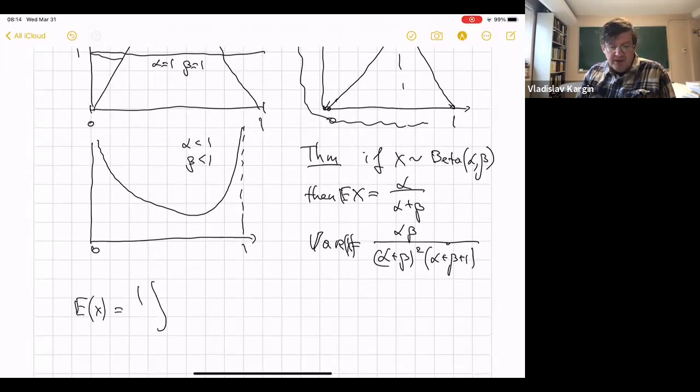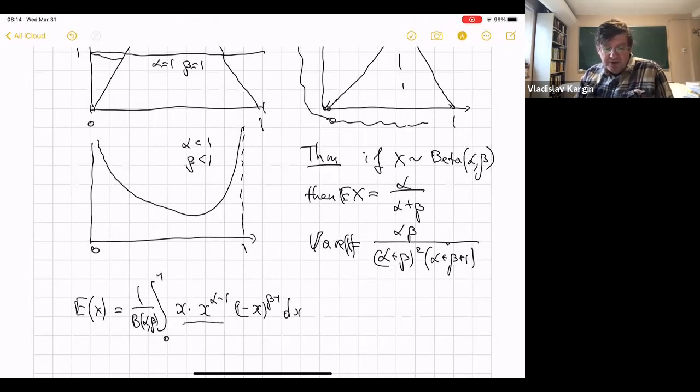You would need 1 divided by B(alpha, beta), and here is x multiplied by the density, x to the power alpha minus 1, times 1 minus x to the power beta minus 1, dx from 0 to 1. And you see that this is an integral of the same type, x to the power of alpha times 1 minus x to the power beta. So it can also be formulated in terms of the gamma functions, right?